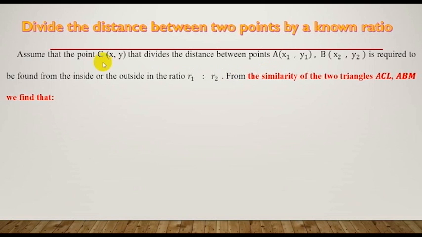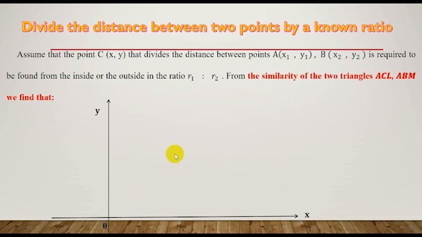Now the distance between 2 points by a known ratio. Let's say I have point C, and this C divides the distance between A, at x1 y1, and B, at x2 y2. We are required to find C inside or outside in the ratio R1 to R2. So we need to see how it will be if it's inside, and what it will be if outside, using the similarity of triangles. Let's see.